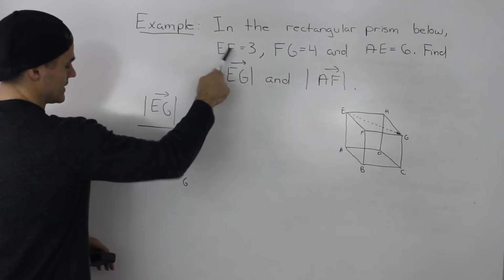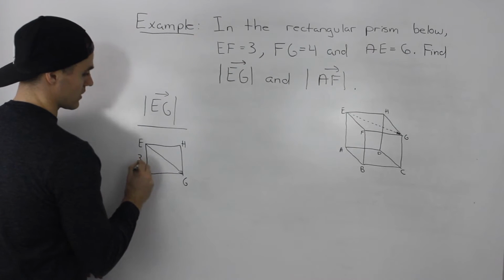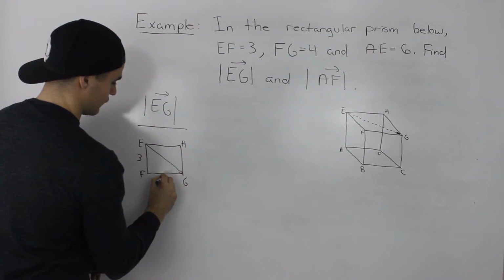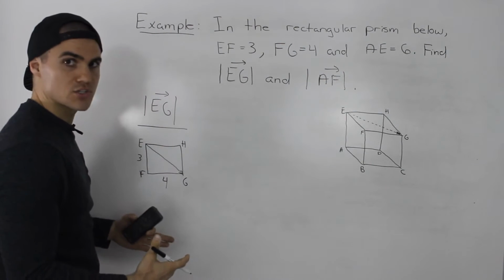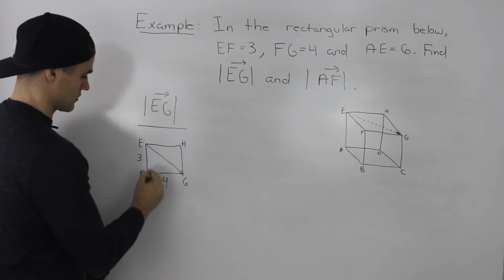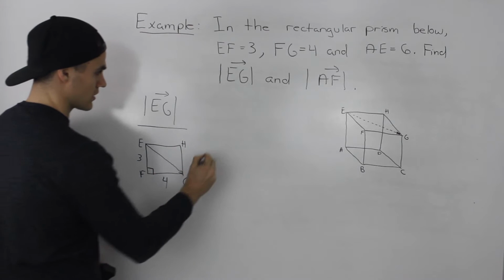And since we know that EF is equal to 3 and FG is equal to 4, notice to get the length of this vector, we can just apply Pythagoras theorem because it's a right angle triangle.